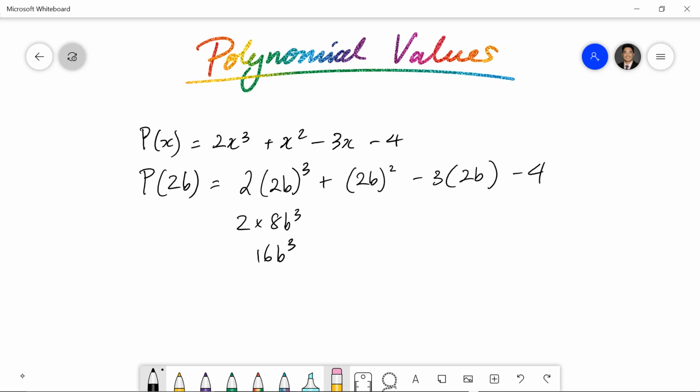Then 2 squared b squared is 4b squared. Then minus 3 times 2b gives us minus 6b, and then we have minus 4. We have nothing left here to simplify, so that is simply going to be your answer.